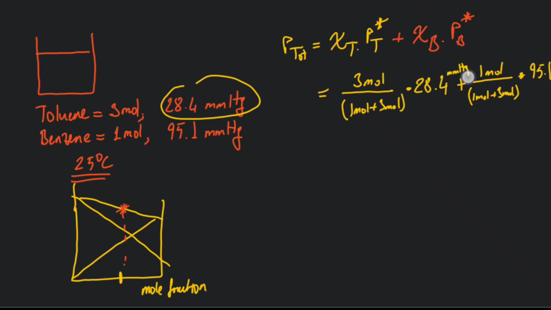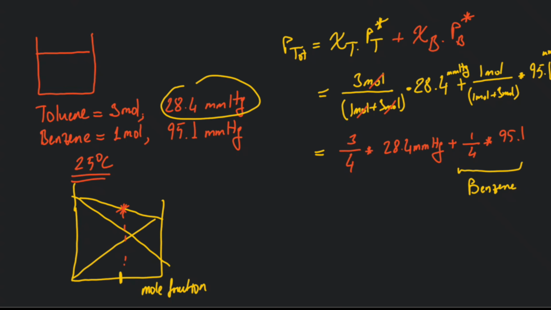Or we can write it in here. Moles will cancel each other. So this is 3 over 4 times 28.4 plus 1 over 4 times 95.1. This part is contributed by the toluene, and this part is contributed by the benzene.